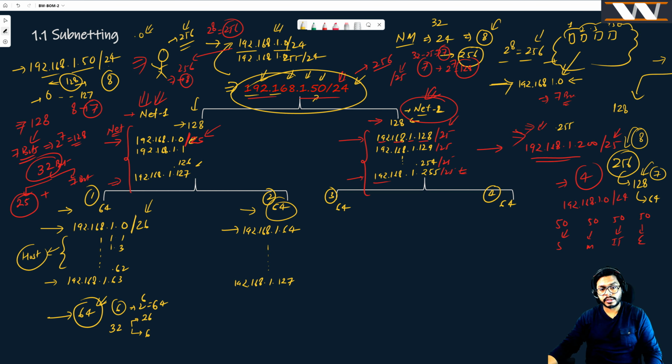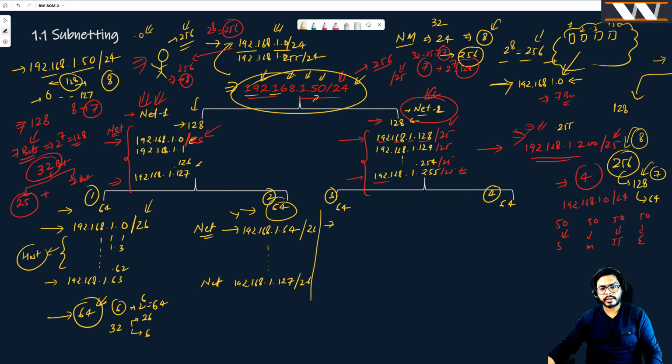If you calculate 64 to 127, it is going to be 64 hosts. What should be the mask I should write? The mask is going to be 26 again because we have 26 network bits. It is as simple as that. This is going to be the network number of my second subnet, and this is going to be the network number of my third. This is going to be my broadcast address of the second network, right?